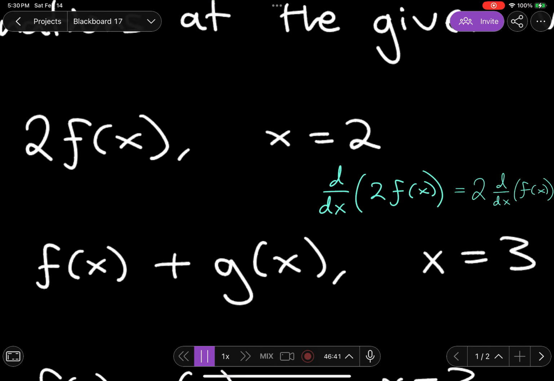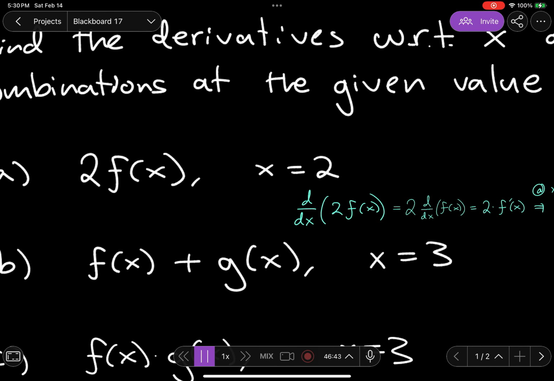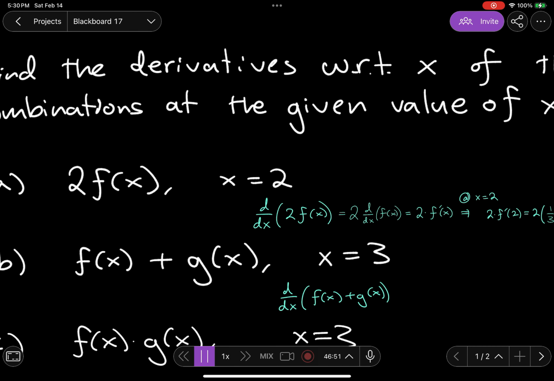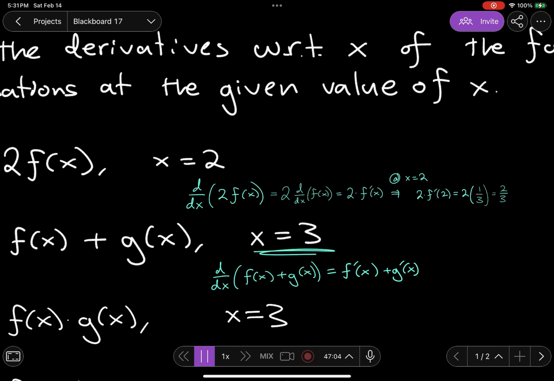Next. All right, so this one's also very easy. We want the derivative with respect to x of f of x plus g of x. But we know that the derivative of a sum is the sum of derivatives. So this is simply going to be f prime of x plus g prime of x. But I want to evaluate this at x equals 3.